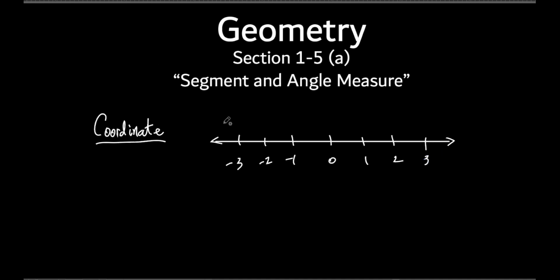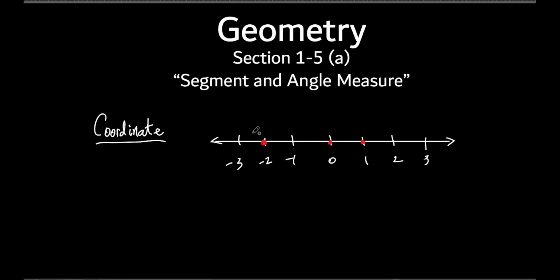Everybody with me so far? You've seen that a million times. What we're going to do is put some points on here. Put a point right there. Put a point right here and right here.